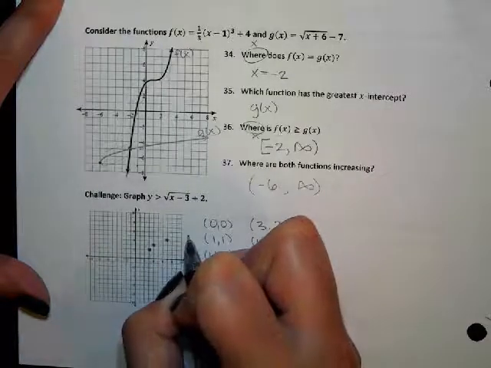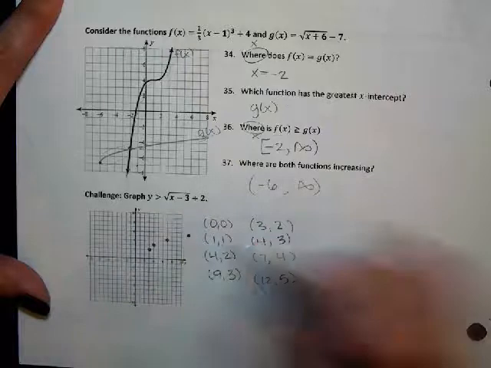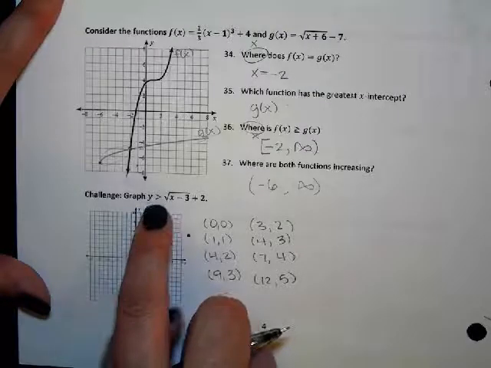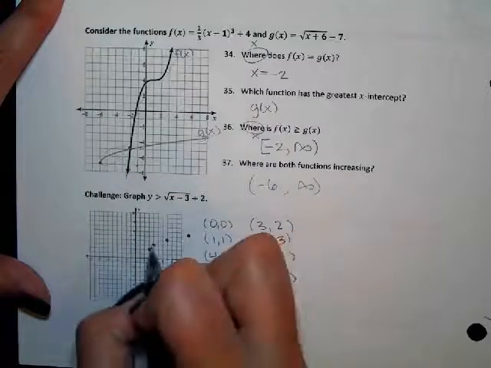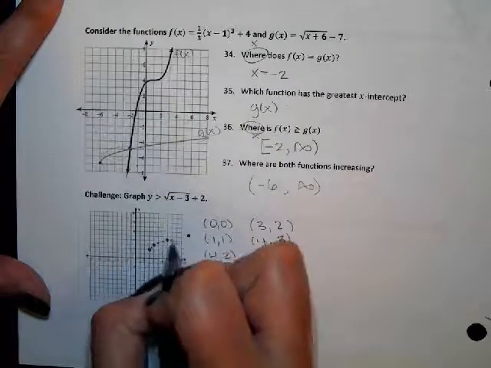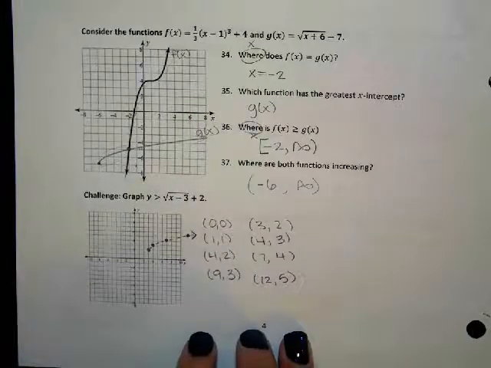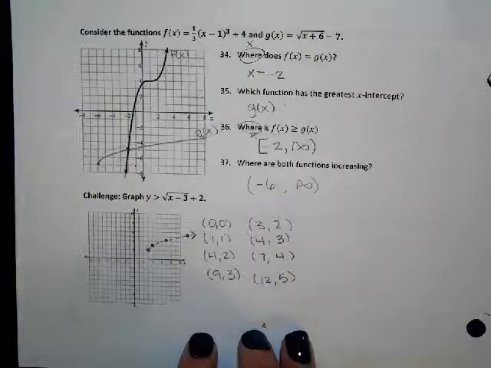Dotted line or solid line? Dotted. It says greater than, dotted. Can we plug in 0, 0? Ugh, this has never happened to us before.